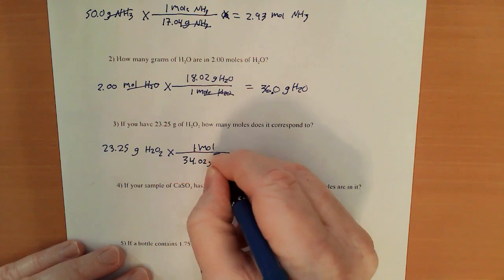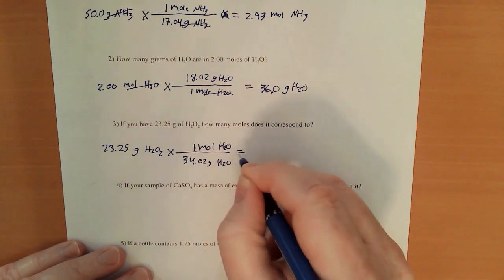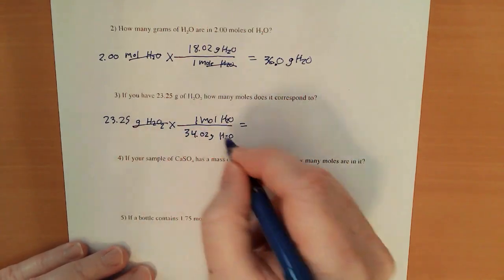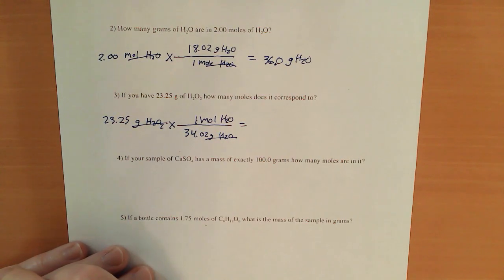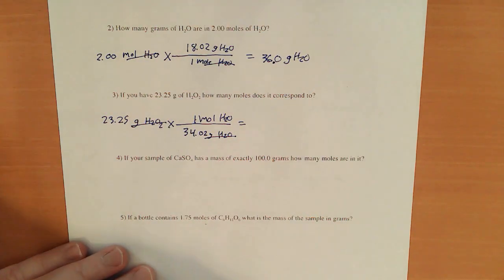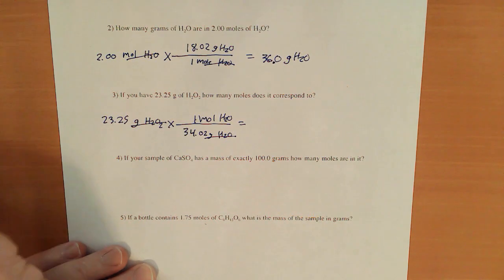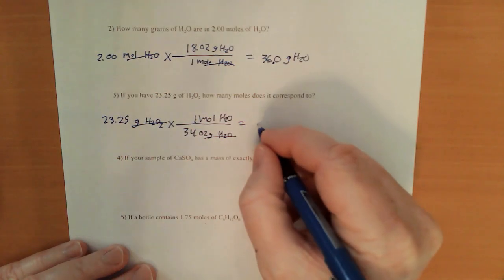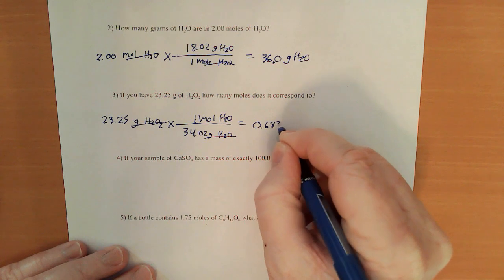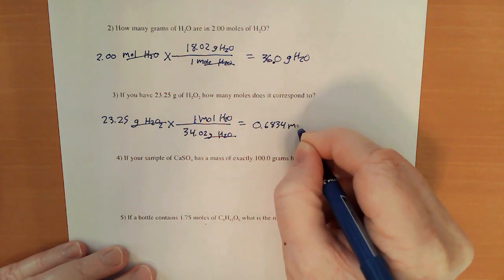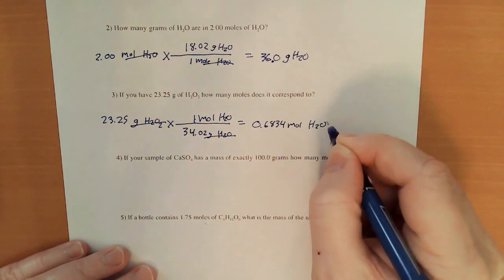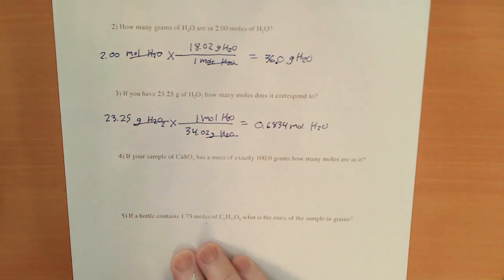Upstairs, 1 mole. The grams are going to cancel out. So running that through my calculator, 23.25 divided by 34.02. And I'm getting 0.6834 moles of H2O2. Okay?